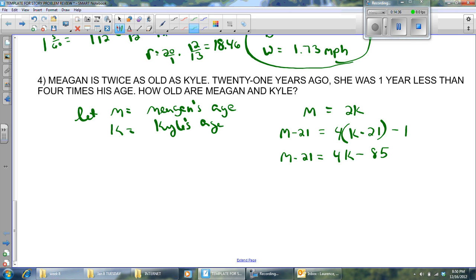And now I'm ready to substitute. I'm going to take this 2K and I'm going to put it in for M right there. And so I'm going to get 2K minus 21 equals 4K minus 85. Add 85 to both sides. Minus 2K from both sides.